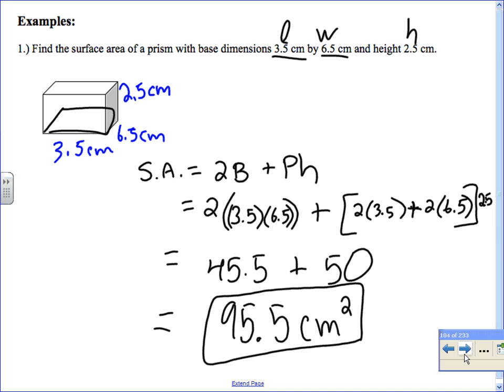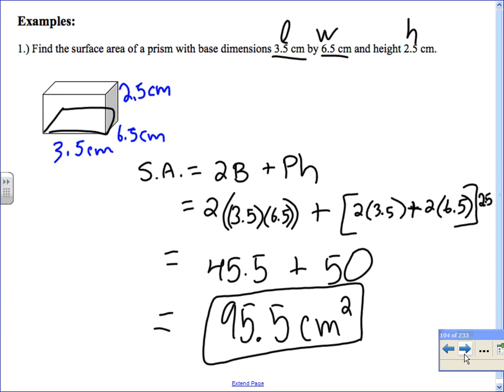Okay, the area of the base. To find the area of a rectangle, you're taking length times width. So you're multiplying 3.5 times 6.5, and then times 2, because there's 2 bases, plus the perimeter of the base times the height. 2.5 is the height of the prism because they told us that.